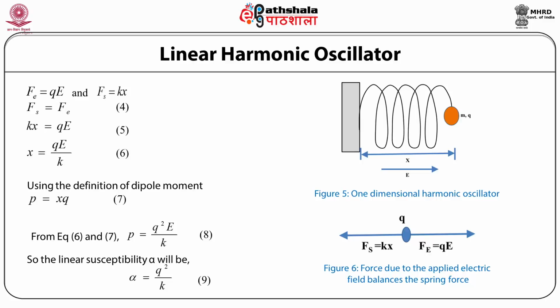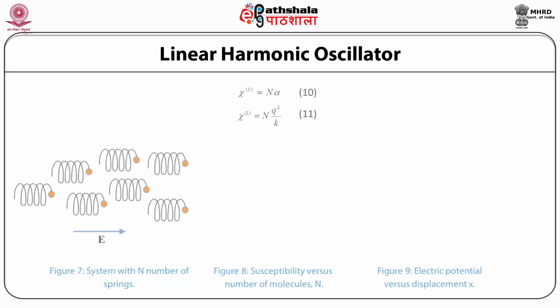That makes the dipole moment P = αE. For n number of springs per unit volume as shown in the figure, we get χ₁ = nα.